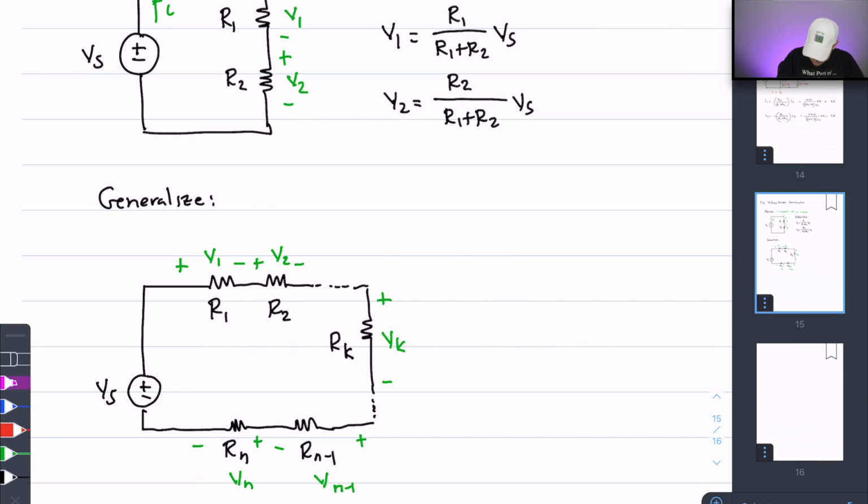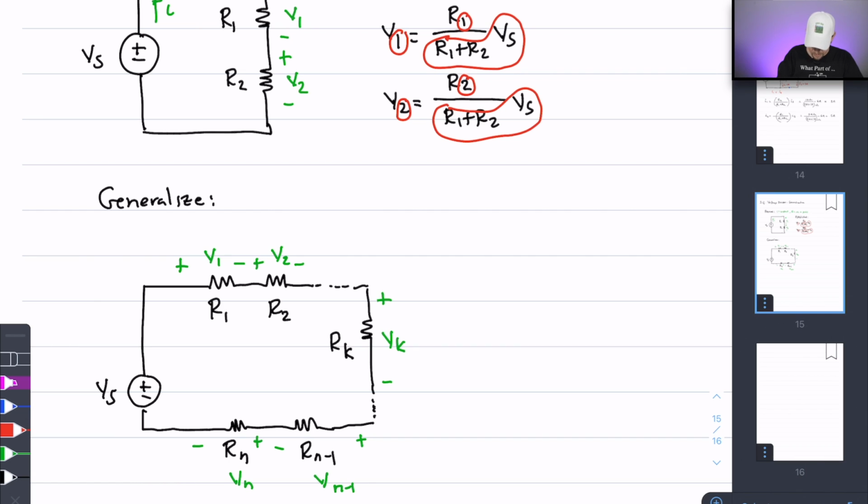Now, if you take a look again at the mathematical formulas for these voltages, notice that there are certain things that should stand out. First and foremost, the voltage V sub 1 is multiplied by R sub 1 divided by R1 plus R2 times V sub s, and notice that the R1 plus R2 times V sub s is shared in common with both formulas. The only things that change are the subscripts for the voltages as well as the resistor in the numerator.